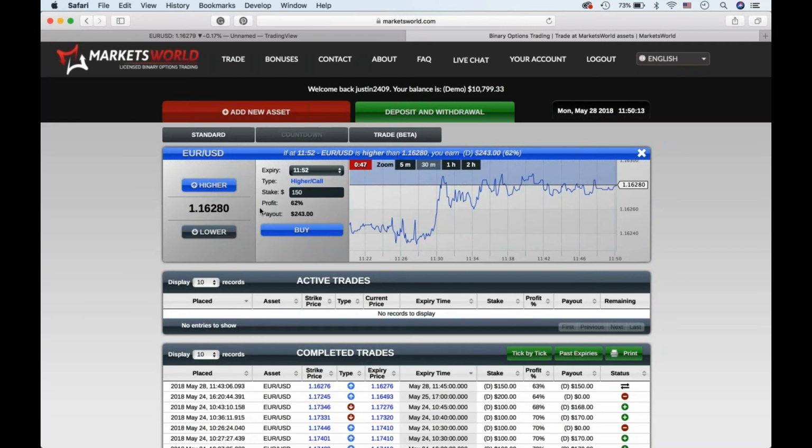A new candle has been opened. $280, $279.